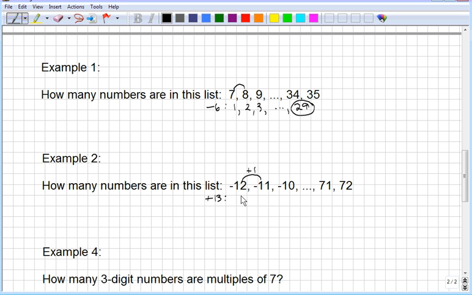And then we get 1, 2, 3, all the way up to, what does this become? Sorry, what am I saying? Okay, 72 plus 13 is 85. So the answer is 85.